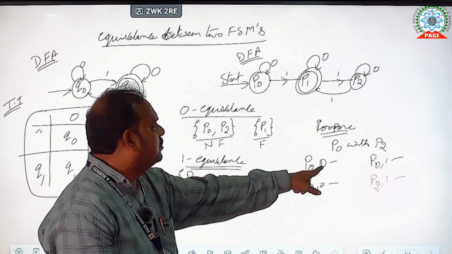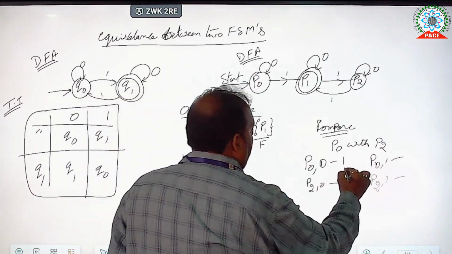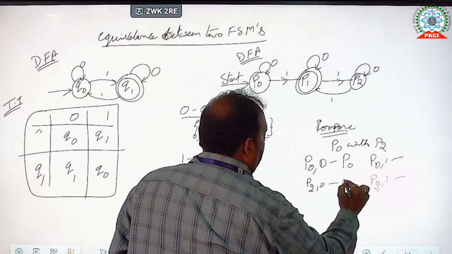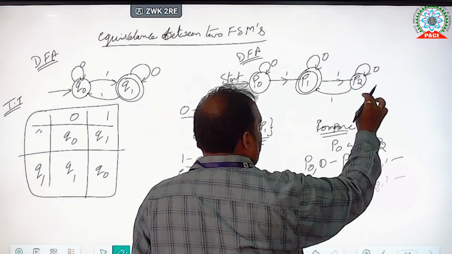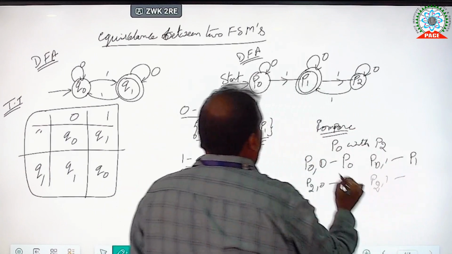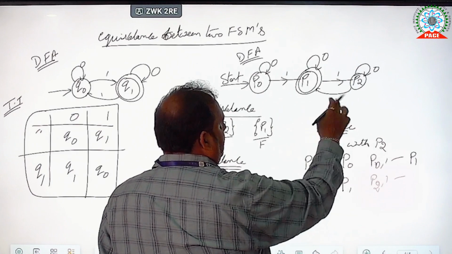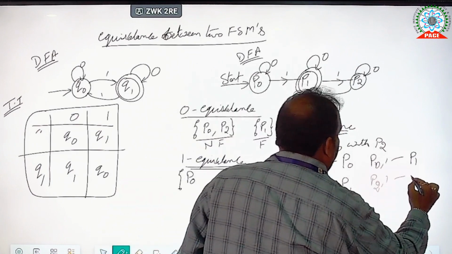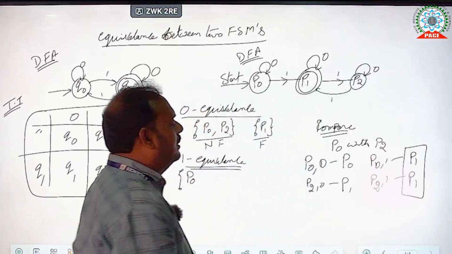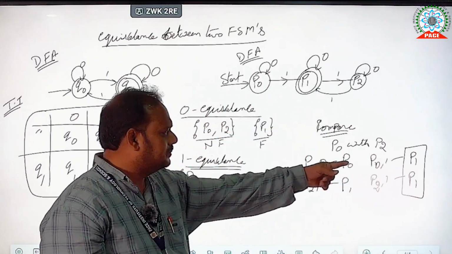P2 on the 1 transition also reaches P1. So here this has equivalence. When both of them reach the same state, they are taken as equal.